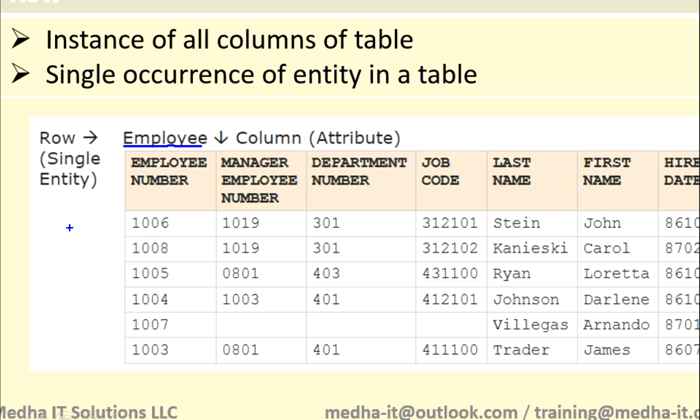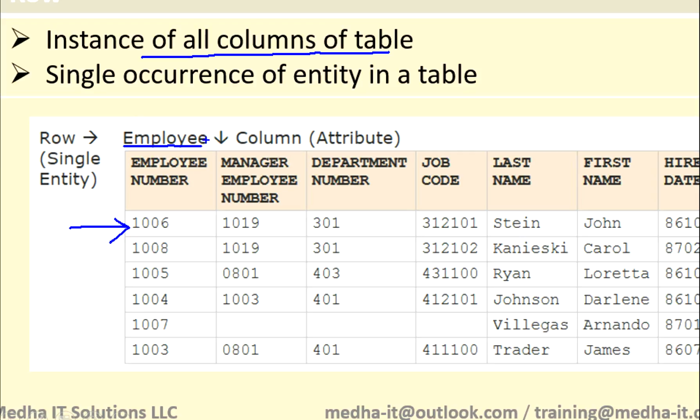And then rows. Rows are the instance of all the columns of a table. Instance means, in this case, this is the employee table. That means this particular entity, the employee table, consists of information about an employee, right.